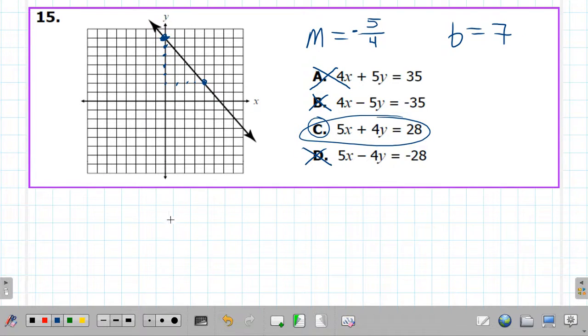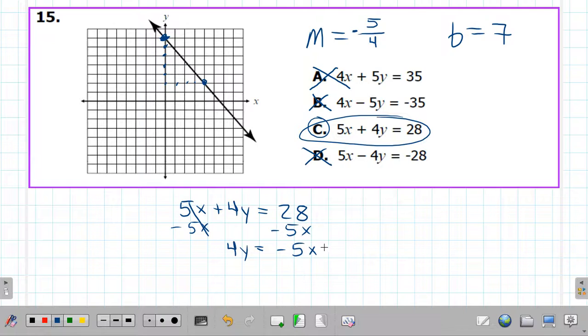Okay. But technically, to answer these questions, what you would go through here and do is, all right, 5x plus 4y equals 28. Well, we do the same thing we did before. And we would figure out which one of these graphs had the same slope and y-intercept.